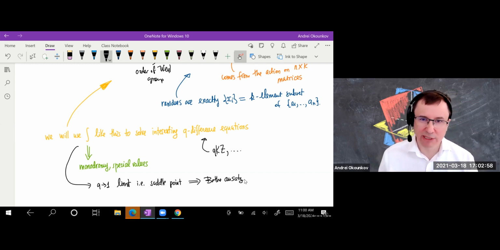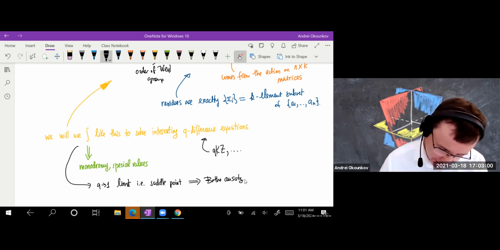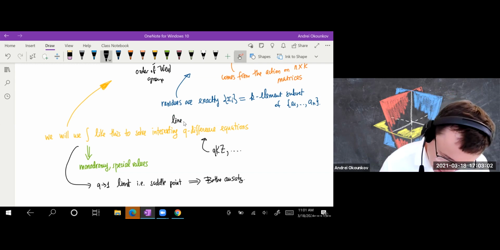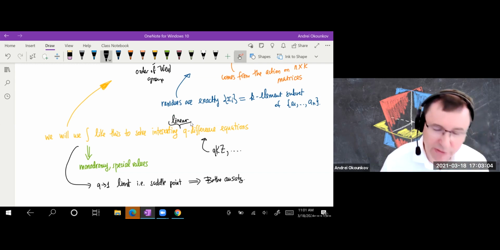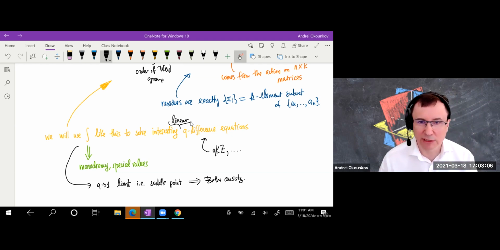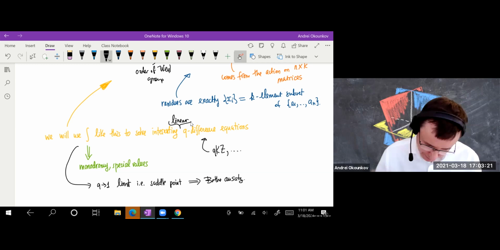These are linear Q-difference equations, I should have stressed this. Even for a linear Q-difference equation, if you let Q go to 1, you're going to be finding eigenvalues and eigenvectors of whatever your matrix is, and that generalizes the question of diagonalizing Hamiltonians of a very interesting lattice model. So it is an interesting question.